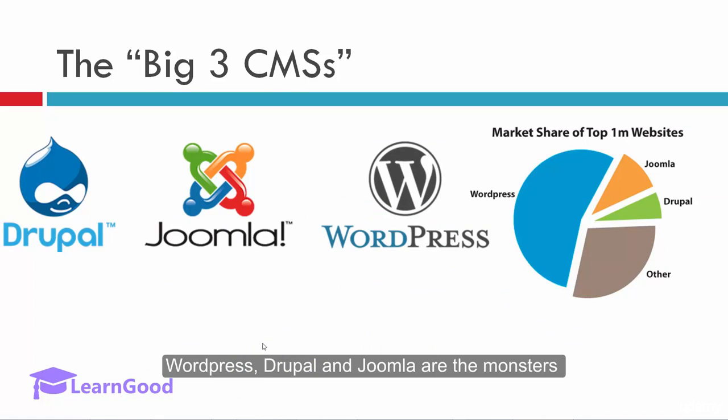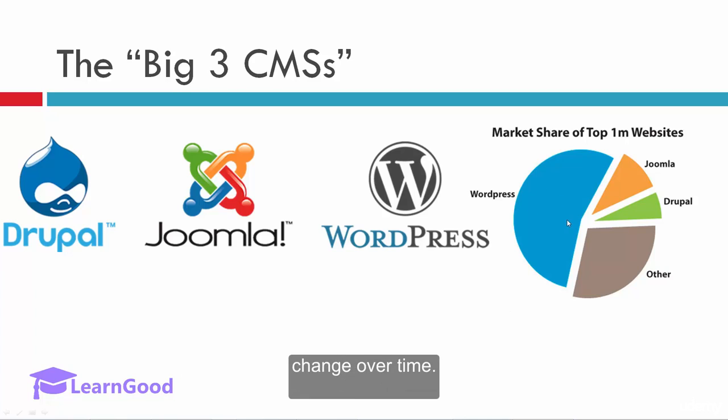WordPress, Drupal, and Joomla are the monsters of the CMS world. Web CMS, to be more specific. All three of them are both free and open source. I will give a quick comparison without quoting market share numbers, as numbers will tend to change over time.